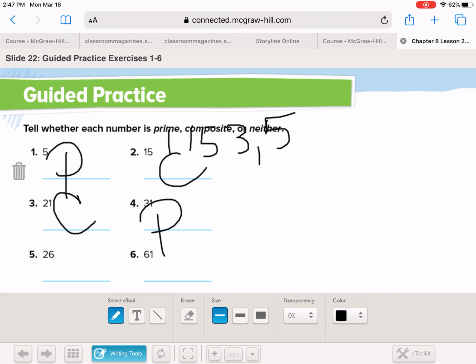How about 26? Well, we know that it ends in a 6. And if it ends in an even number, it's composite. How about 61? What's 61? Well, let's see. 6 times 10 is 60. So I can't think of anything. So it's prime. It doesn't end in a 2, 4, 6, or 8.